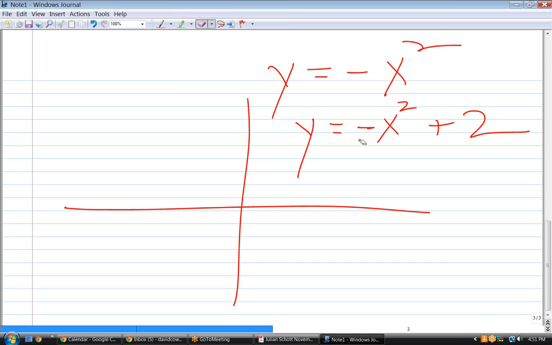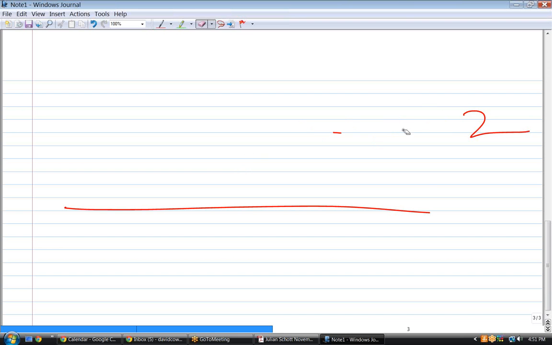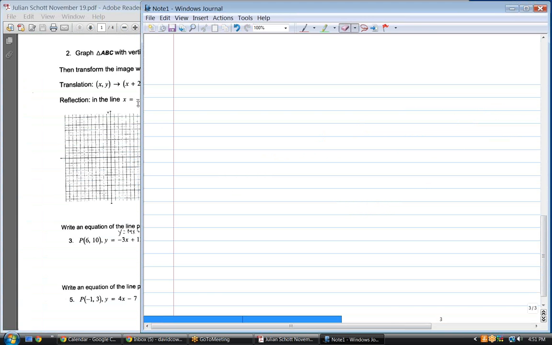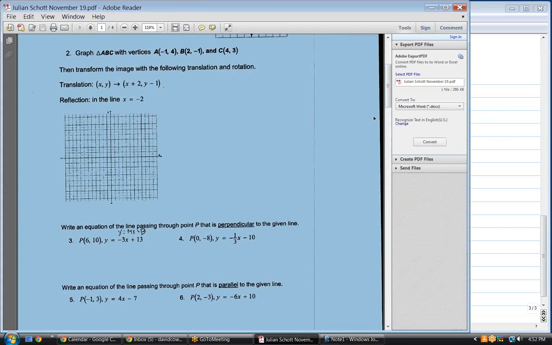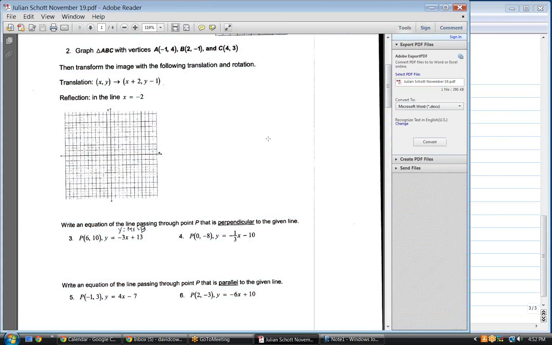And if you have a reflection over the x-axis and the y-axis, it doesn't matter which reflection you do first. But you want to do any reflections first, not after you've done the translations. Now, boy, does that apply to when you have a triangle that you are translating and rotating.